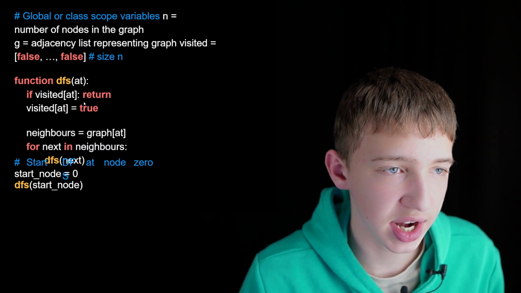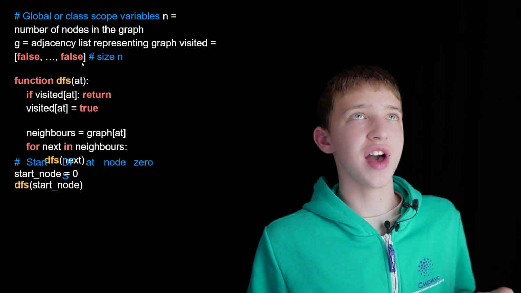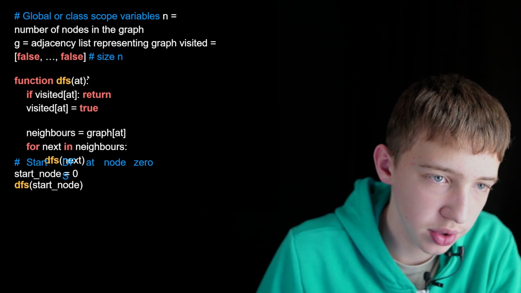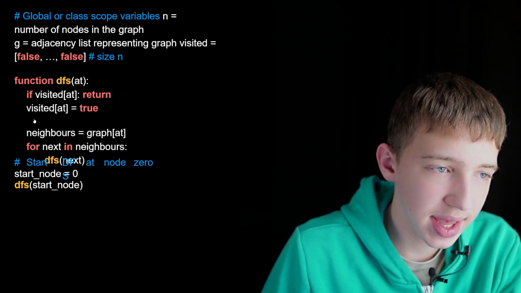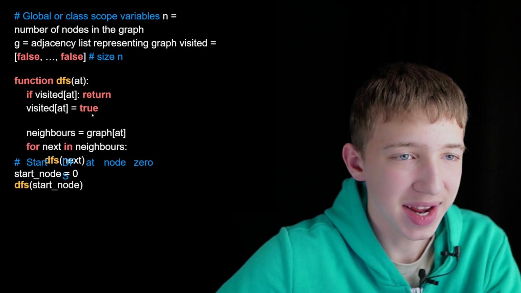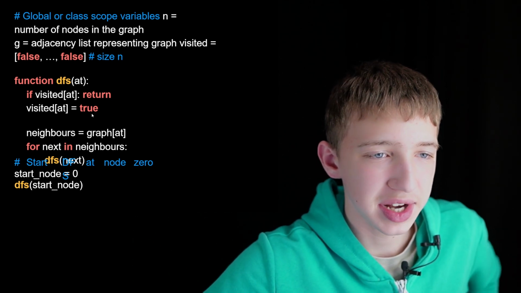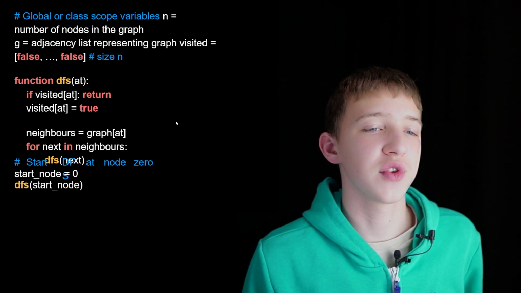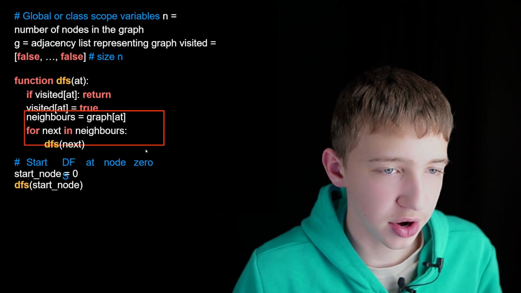By the way, that is DFS in a nutshell, in its code implementation or pseudocode. And it is very basic in comparison to other types of traversals. We're just looping through every node, and that is the main part of the algorithm.